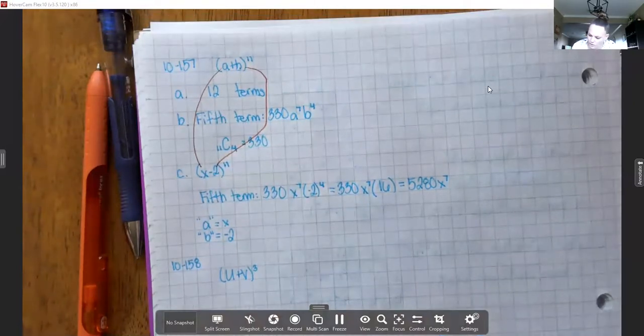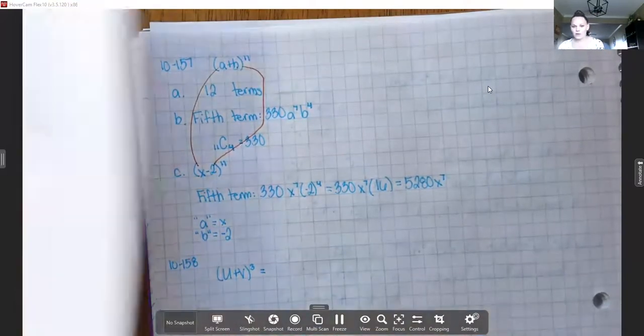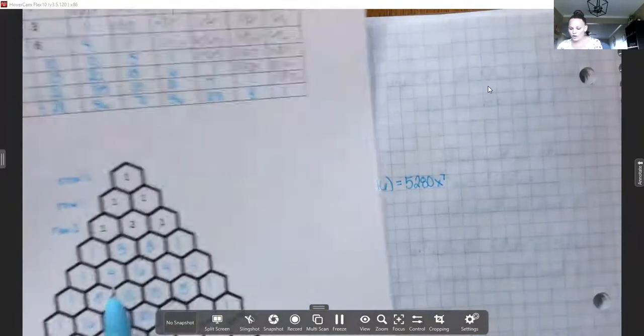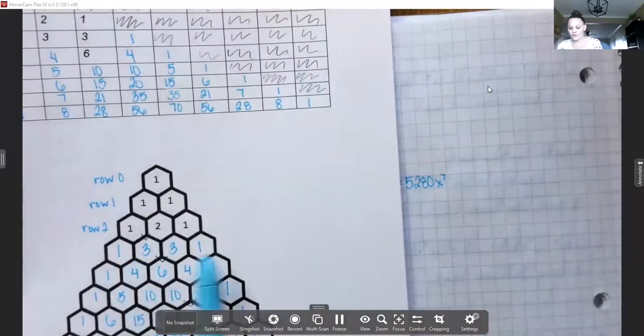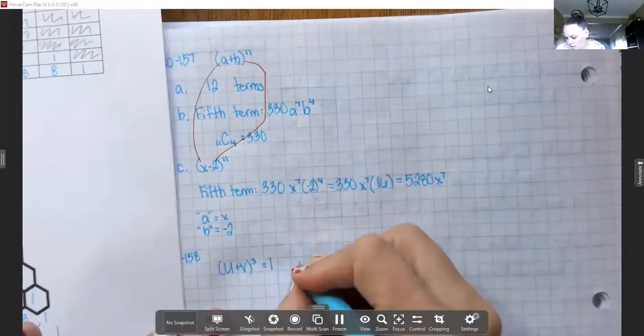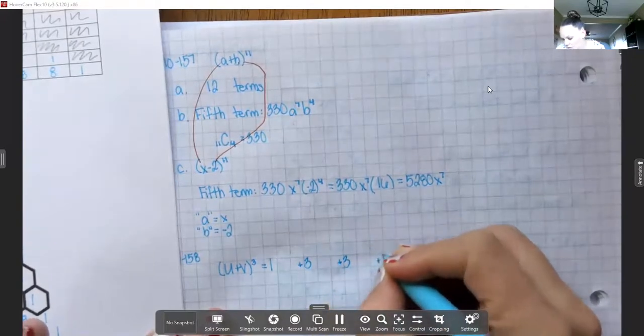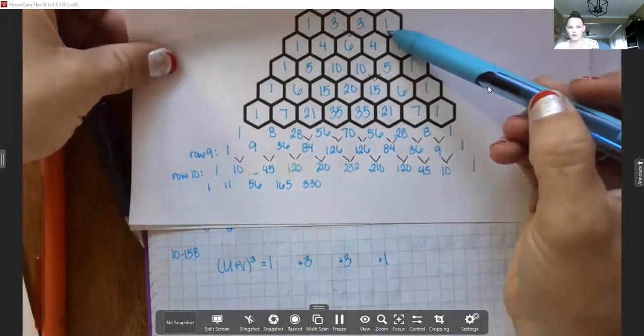So using Pascal's triangle, you know you're going to go to row 3 here with 1, 3, 3, 1. So this is 1 something plus 3 something plus 3 something else plus 1 of something else, just because those are the coefficients here on row 3.